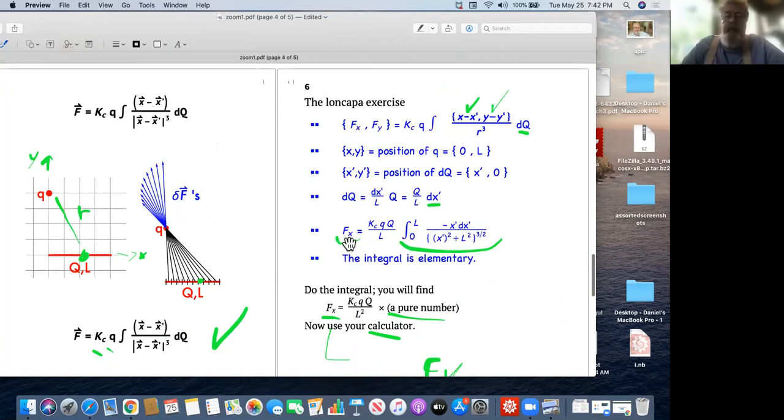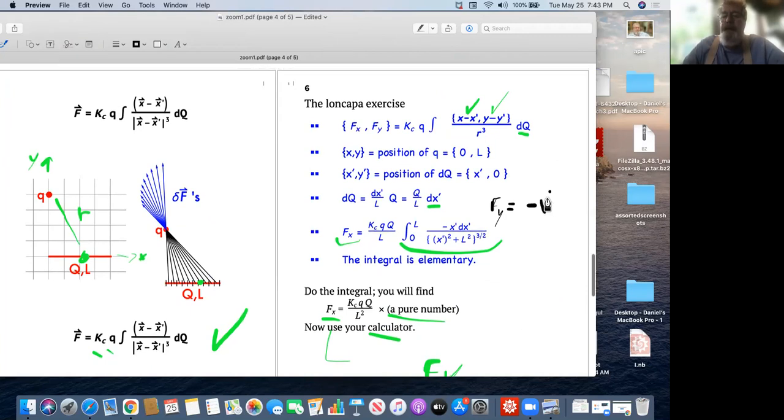Uh-huh. Okay. If you did Fy, it's the same, except you replace minus x prime by L. It's exactly the same thing, but replace the minus x prime here by L. How about the dx prime?